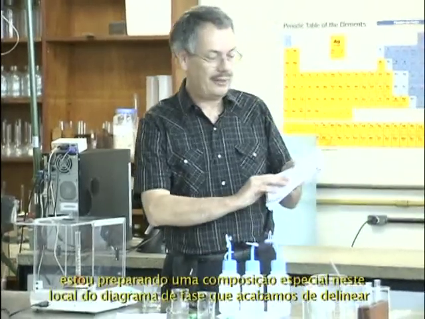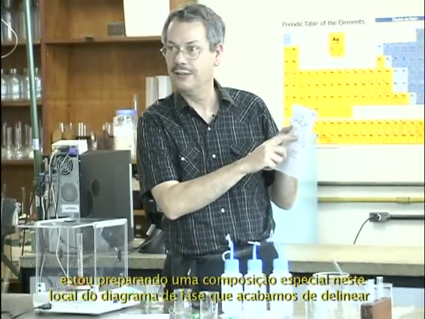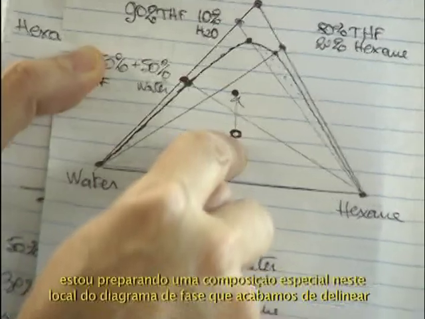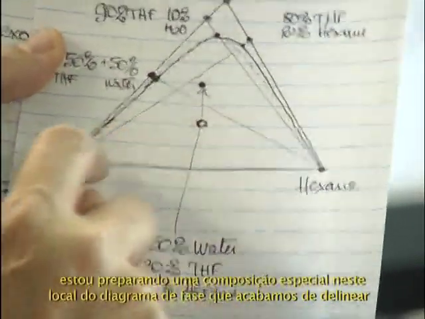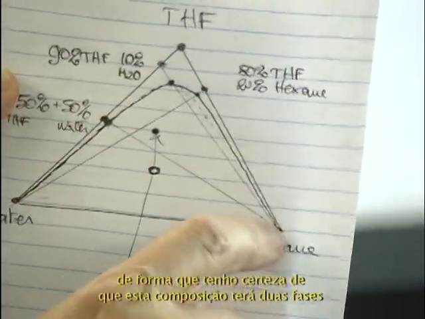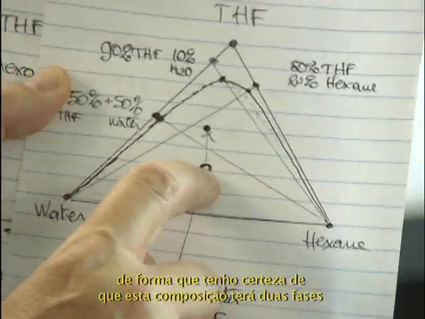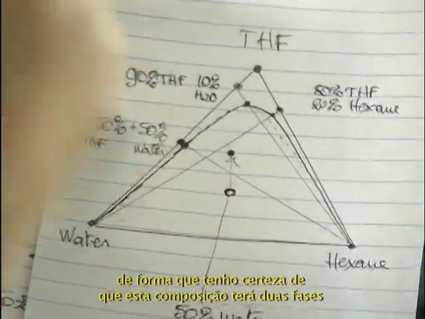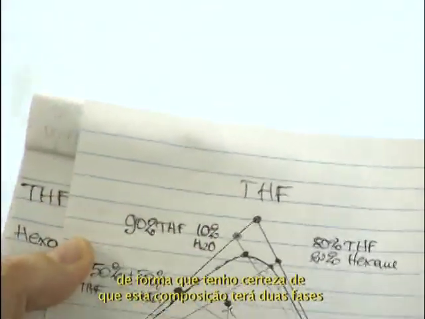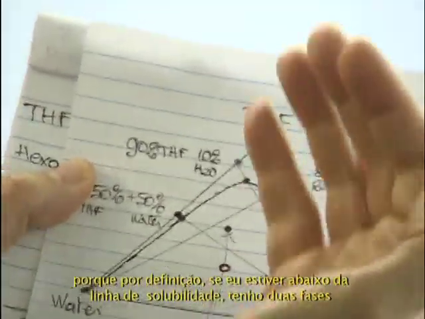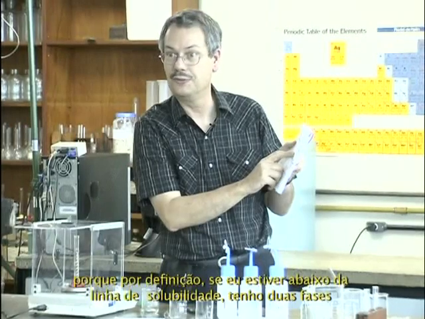So you understand what I am doing now. I am preparing a special composition in this location in the phase diagram we just delineated. So I am sure this composition should be two phases, because by definition, if it's below the binodal curve, it's two phases.